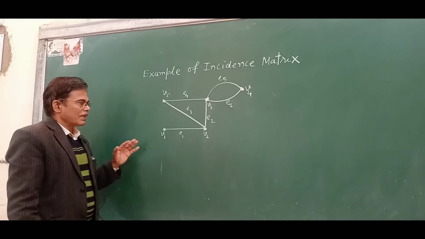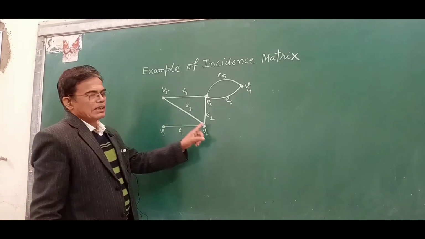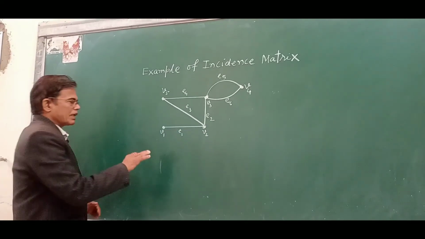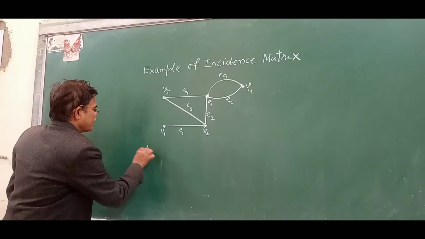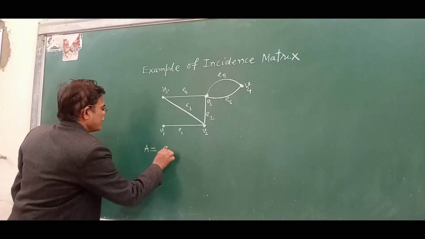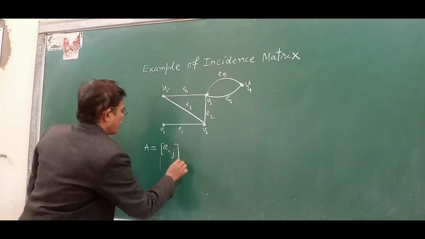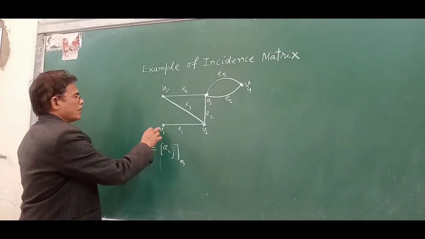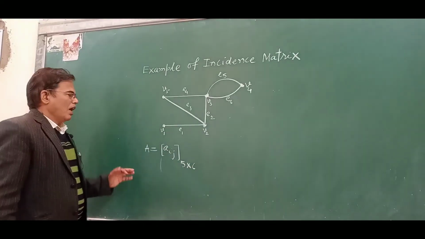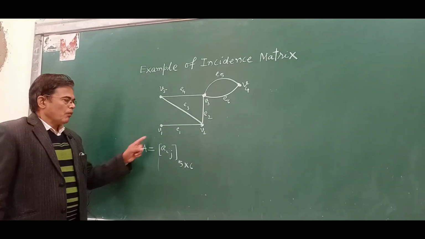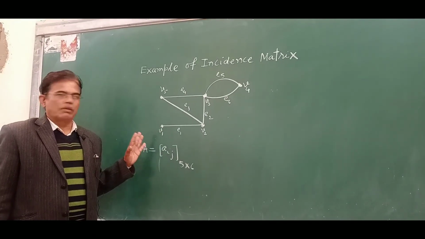So this matrix is of order 5 by 6, a vertex edge matrix. This is a matrix A equal to Aij. If a vertex is connected with an edge, the value is 1, otherwise 0.